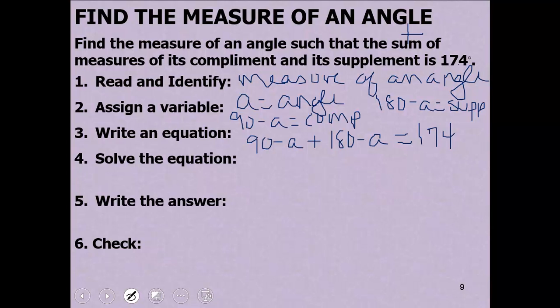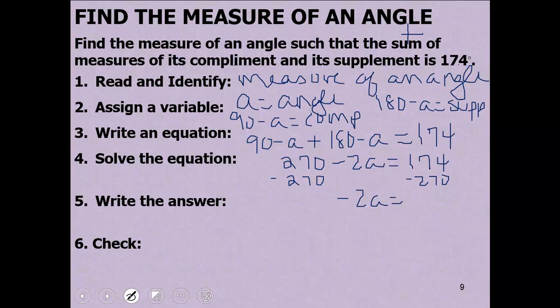So I have 270 minus 2A equals 174. I'm going to subtract 270 from both sides, and I get negative 2A.